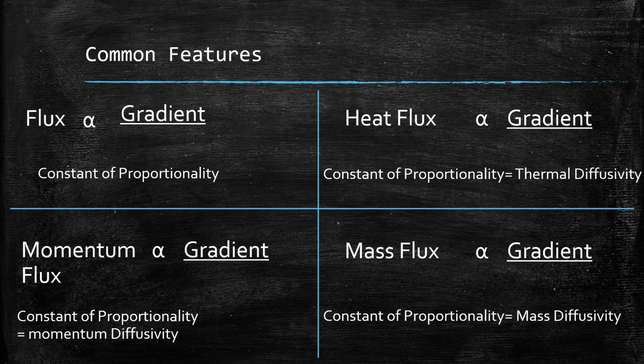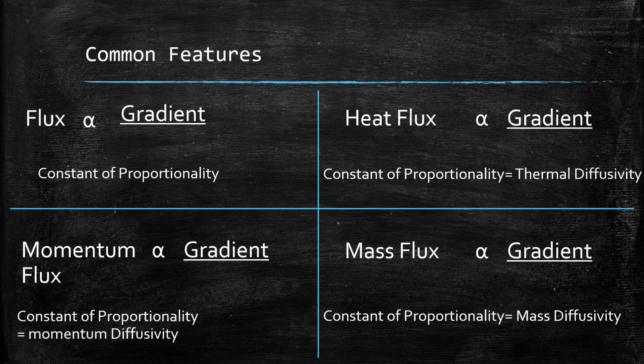Now here the constant of proportionality becomes momentum diffusivity, right? Mu. For heat flux, for higher gradient, higher heat flux we are going to observe. For lower gradient, lower heat flux we are going to observe. Here the constant of proportionality would be thermal diffusivity.